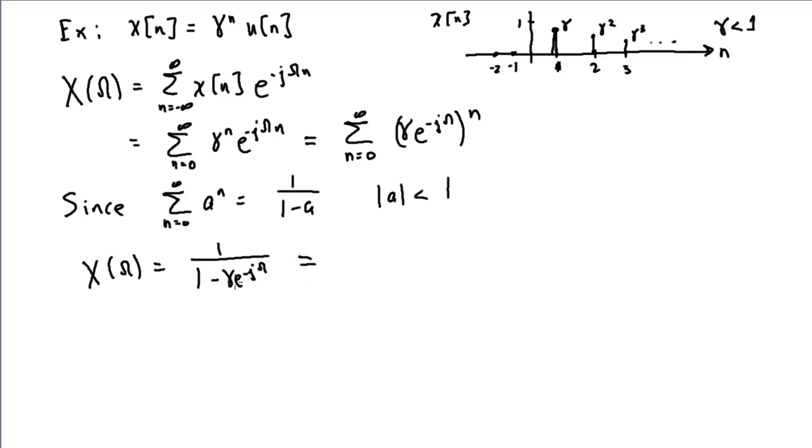It's a little tough to get the magnitude and phase in this form, so I'll actually use Euler's formula to rewrite that exponential term as 1 minus gamma cosine of omega, and then I'll also have plus j gamma sine of omega, because of the symmetry.